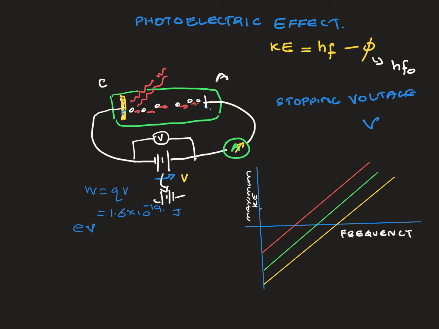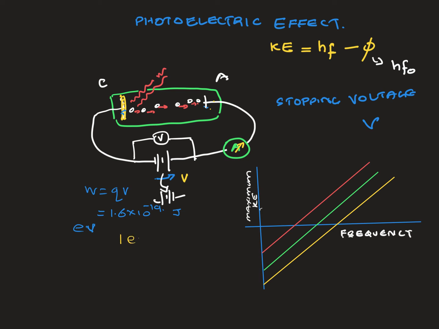An electron volt is the energy, or the work done, on the charge of an electron when it goes through one volt of electric field.